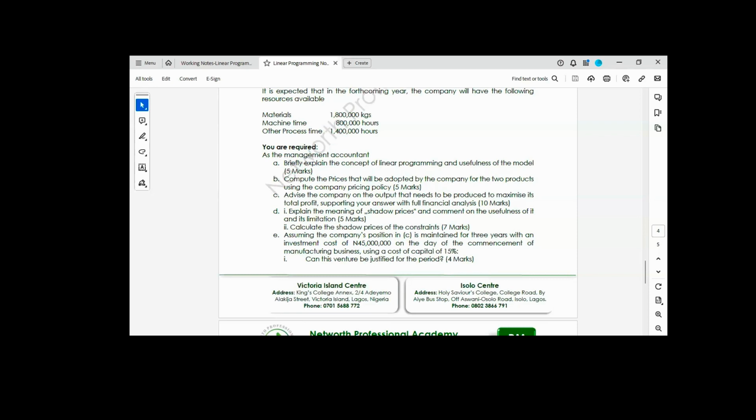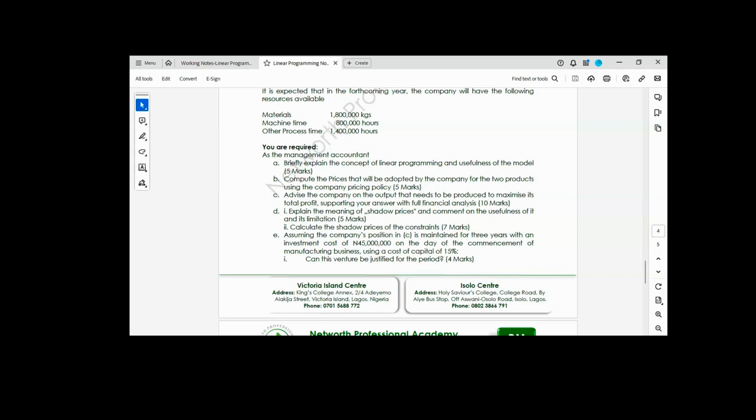That is what margin of safety is all about. And it is calculated as the difference between budgeted sales and break-even point of sales, or budgeted activity level and the break-even point in units.